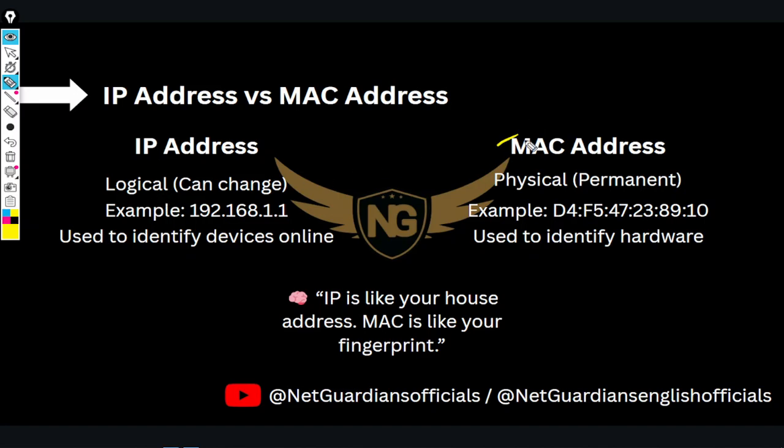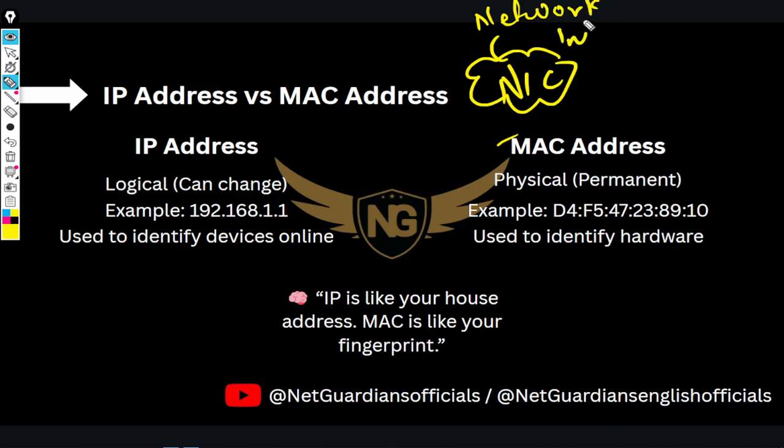So what does a MAC address do? There is a device named NIC, Network Interface Card. Note it down in your notes. What it does is it basically gives this type of unformatted number to your device.